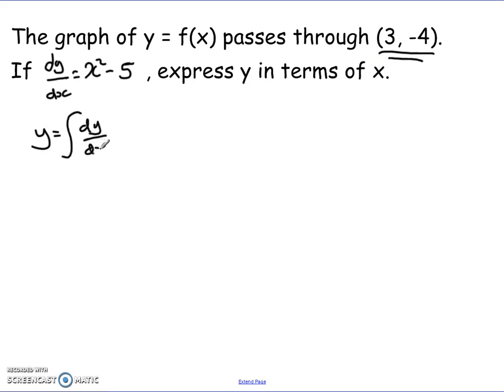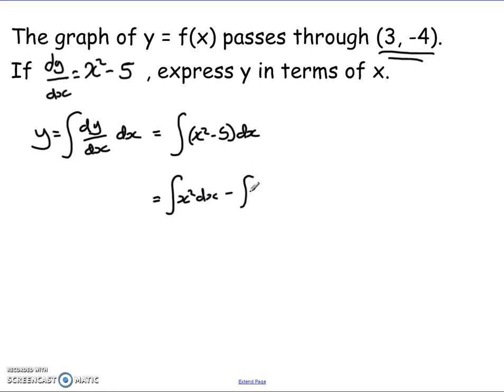Now to solve this, we have to remember that y, our original function, is given by the integral of dy by dx with respect to x. So in this case, it's going to be given by the integral of x squared minus 5 dx. Now, we would have to get this into a differentiable form first, but it already is, so we can just integrate it from there. It's several terms, so it's just a case of integrating every single term, one after the other.